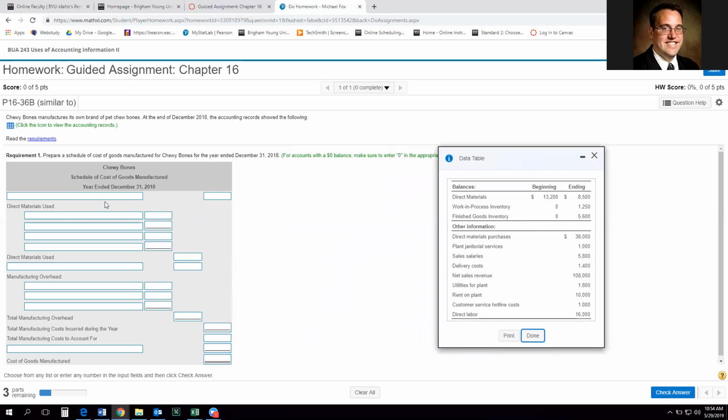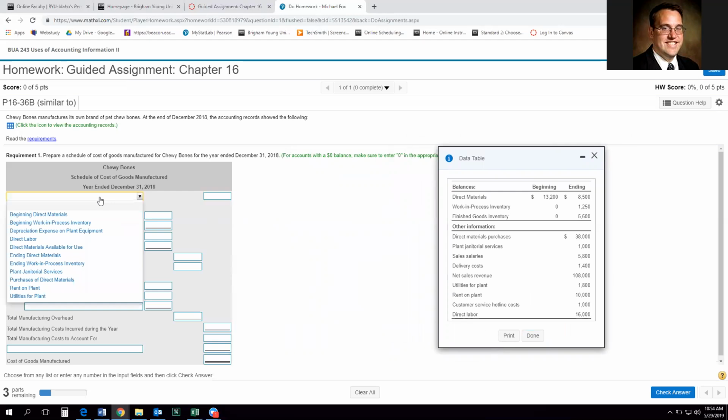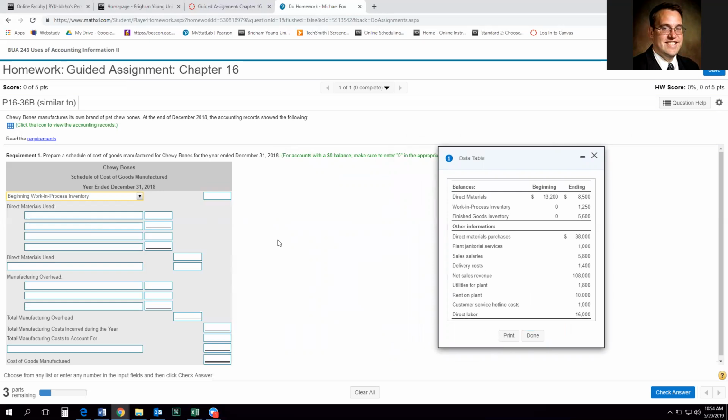So the first line always on a schedule of cost of goods manufactured is our beginning work in process inventory. That's stuff that is in process that we're making, but we haven't yet made it. Our beginning work in process inventory, we can see right here, is $0.